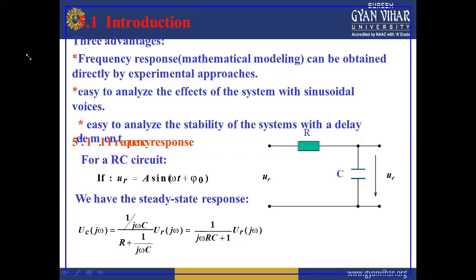Therefore, when we substitute into the frequency domain, it gives the output Uc(j omega) equal to 1 upon j omega C, upon R plus 1 upon j omega C, into the input. When I resolve it, I get 1 upon j omega RC plus 1, into the input.